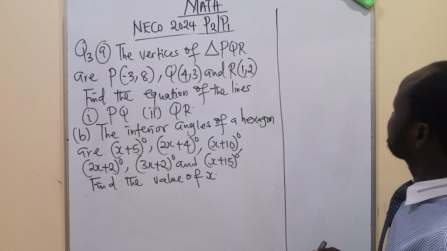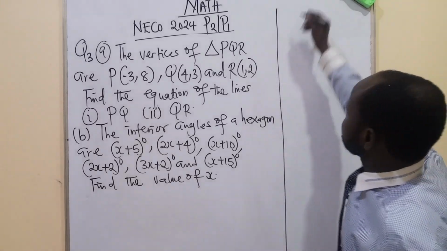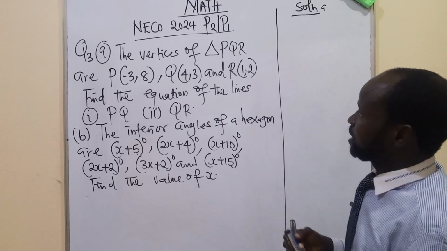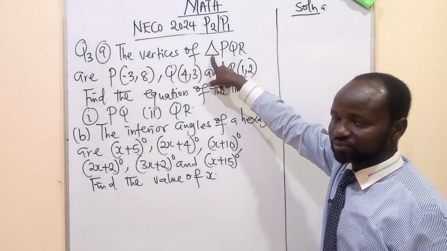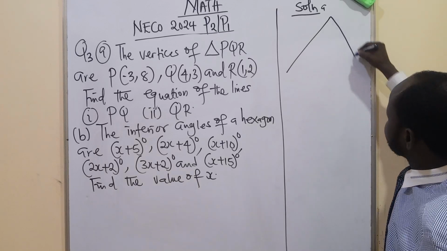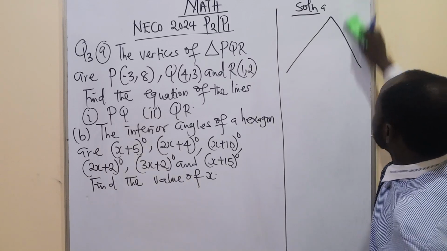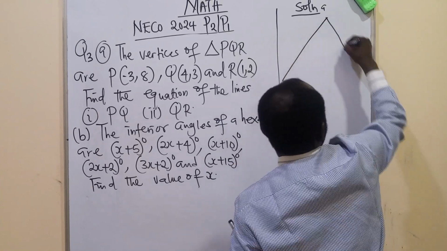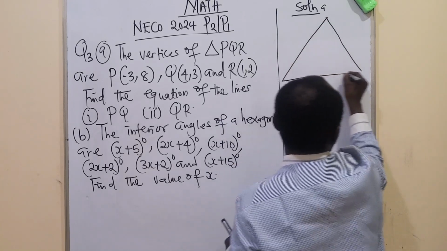The first thing for us to do is write down the solution to 3a. We have to draw the triangle here. So let's draw our triangle this way, something of this nature.